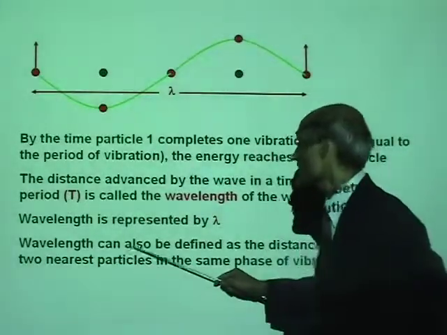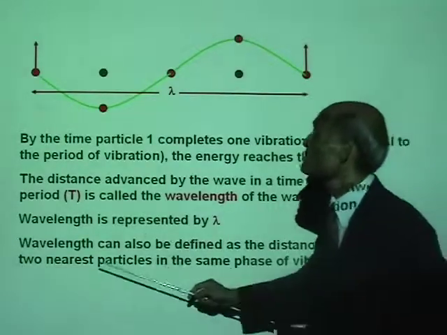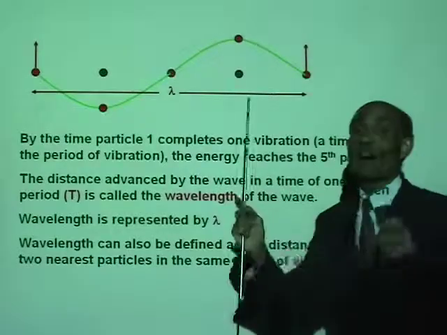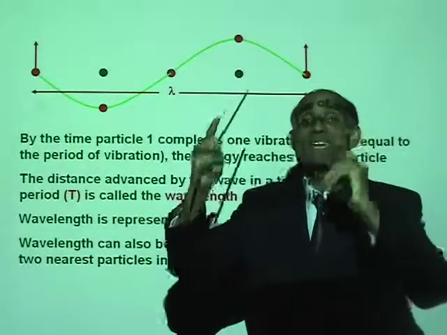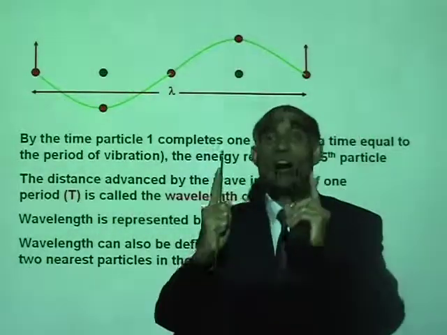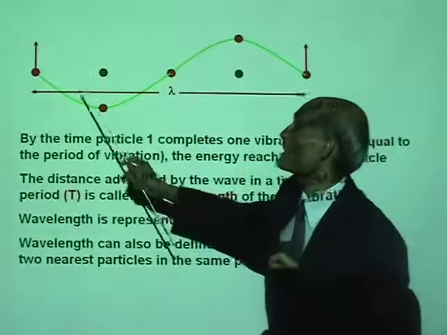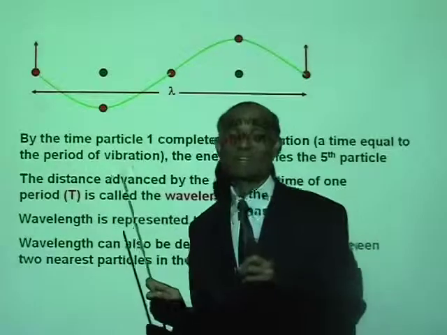So wavelength can also be defined as the distance between two nearest particles that are in the same phase of vibration. You see, particle 1 and particle 5 are in the same phase of vibration. Therefore, the distance between them is one wavelength.